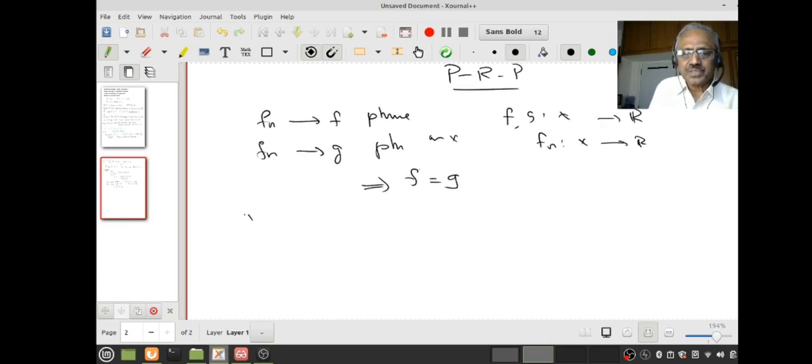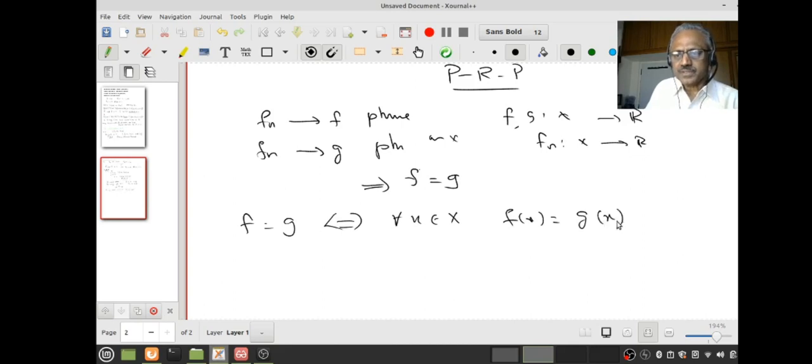To show f equal to g, what does it mean? This is if and only if for every x in capital X, the value of the function f(x) should be equal to the value of the function g(x). This is what I have to prove. Now what do I know? Fix any x in X, then I know fn of x converges to f(x).